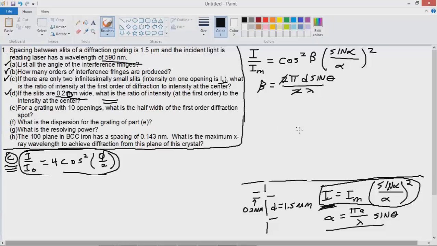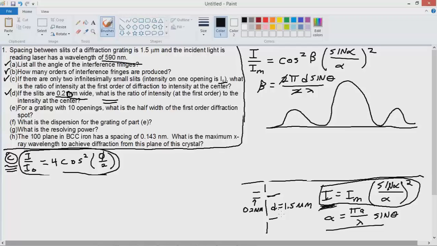So what you get from a single slit is a pattern that looks like this. And from the spacing D, the fact that the spacing between openings is larger, you're going to get this going on inside. So you're going to get a pattern that looks something like this here.